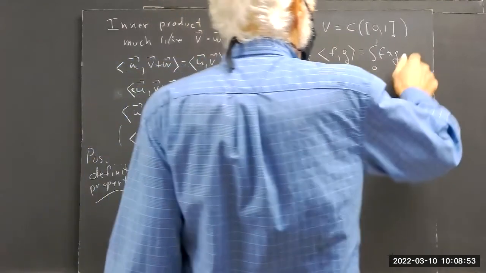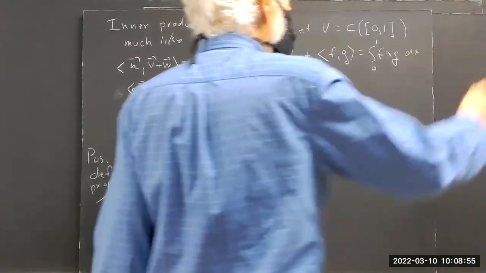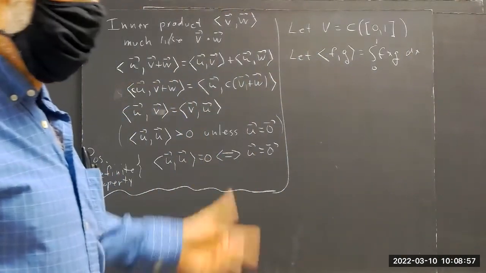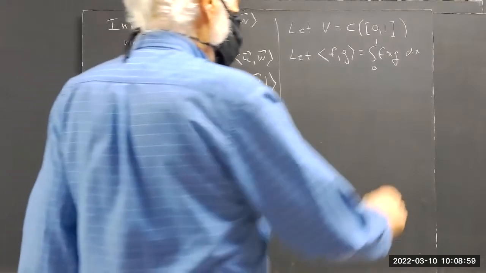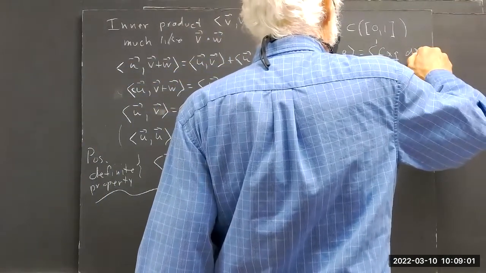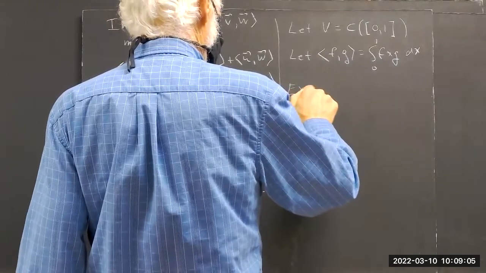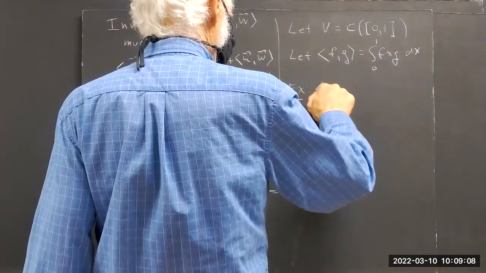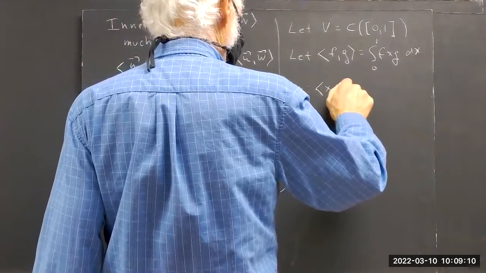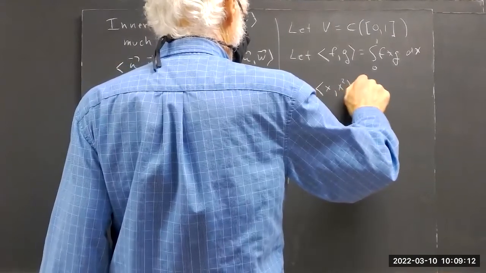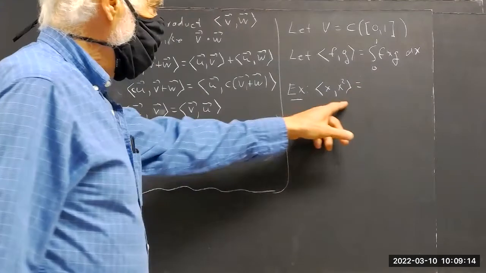You put a dx in that. I didn't specify the variable, but let's implicitly assume your variable's x. It's not necessary to really write that. So what's the inner product of x and x squared?